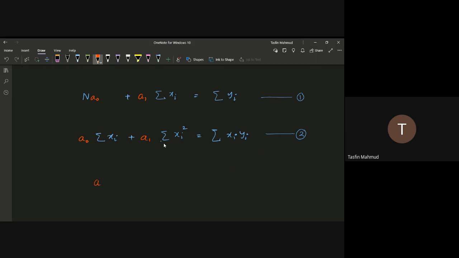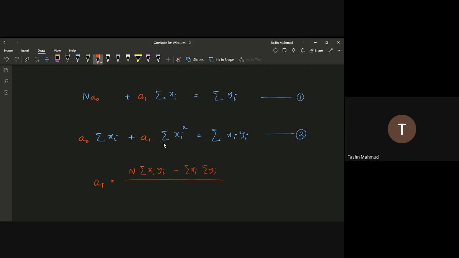So the value we will get for a1 will be this: n times summation of xi yi minus summation of xi times summation of yi.